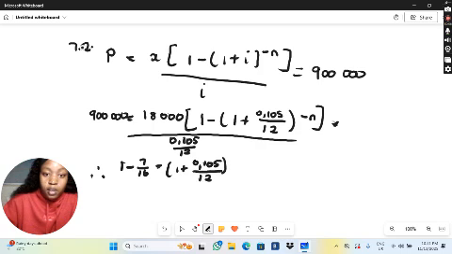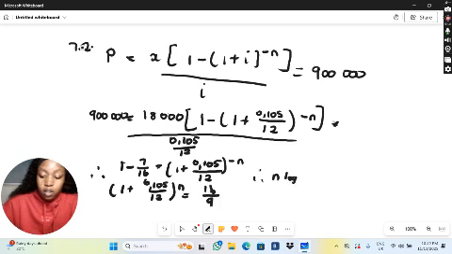So to solve for n, let's first write this nicely. We're transposing this one to the positive. We're going to have 1 plus 0.105 over 12 to the power of n equals 16 over 9. Then we introduce the logs.